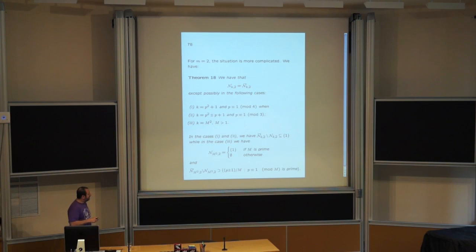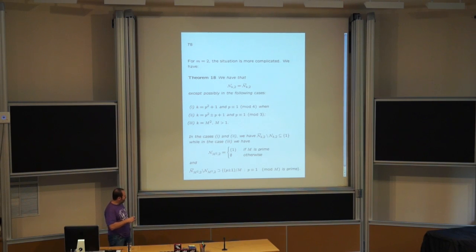In this case, in the case when k is a square, integer square greater than 1, the difference between these two sets contains at least this, which is related to primes in arithmetic progression.